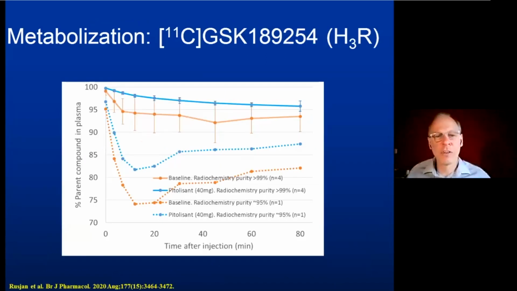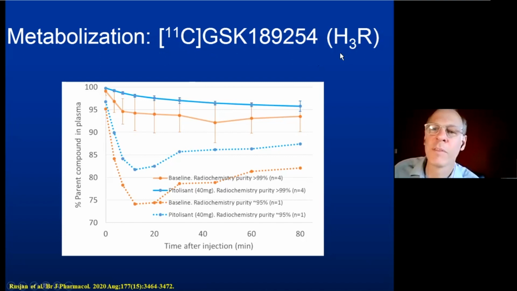We cannot generalize that the same function will always fit the percent of parent compound in plasma for all the subjects with the same radioligand. Recently, I was doing a study with a radioligand for histamine 3 receptors to study a drug called pitolisant.